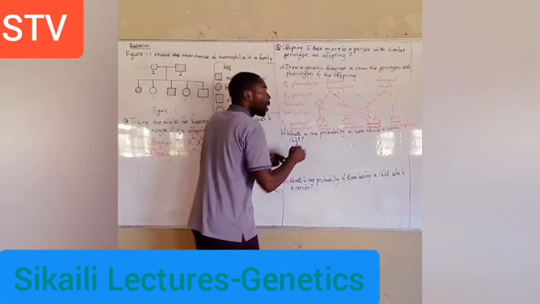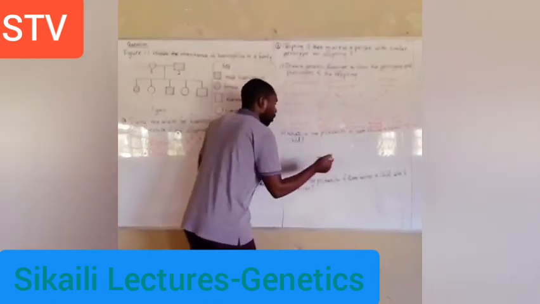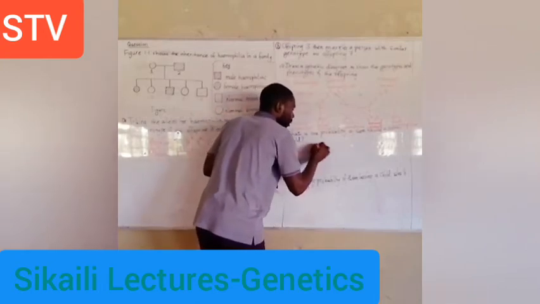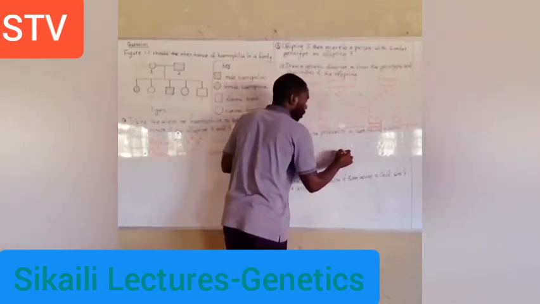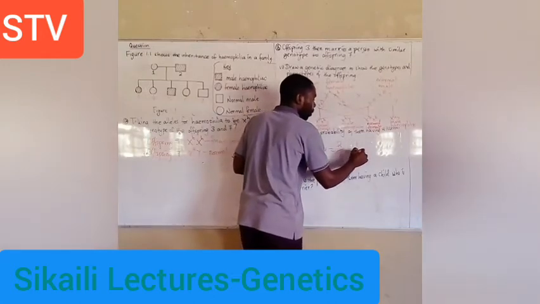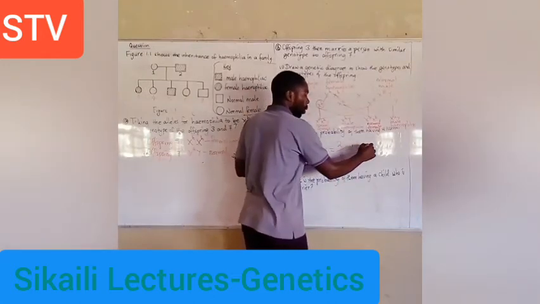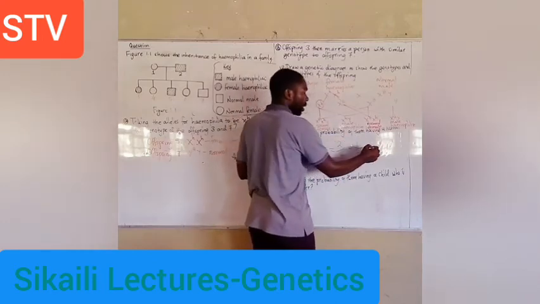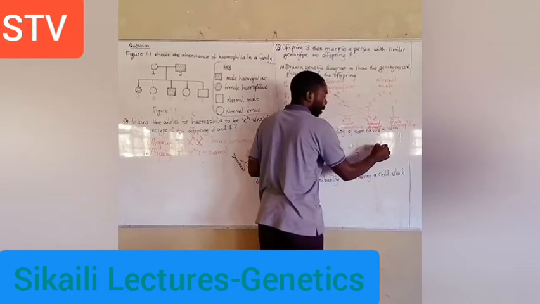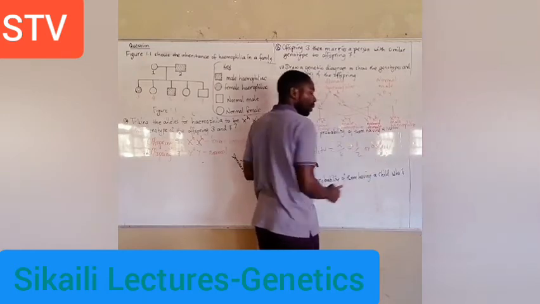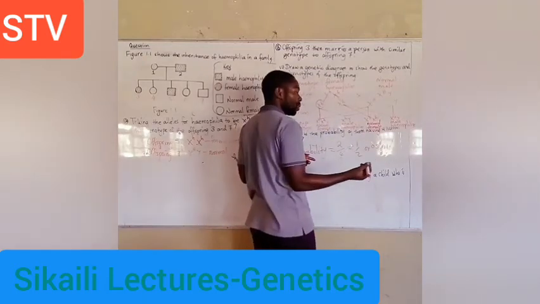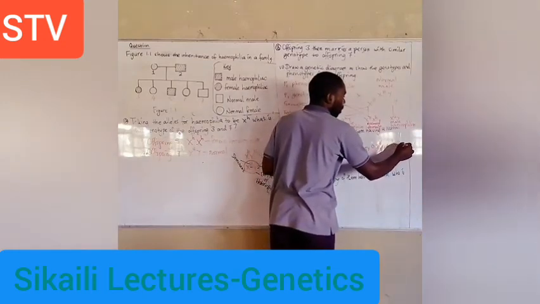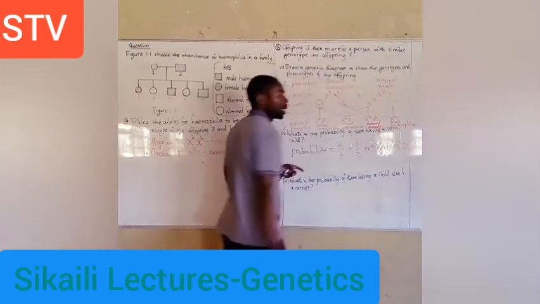Out of 4, you're going to say probability is equal to 2 out of 4, which is going to give you 1 over 2. Instead of leaving it in a fraction, you can leave it in a decimal, 0.5. Or if you want the answer in percentages, you can say 1 over 2 times 100%, which gives you 50%. That's what you're going to do.